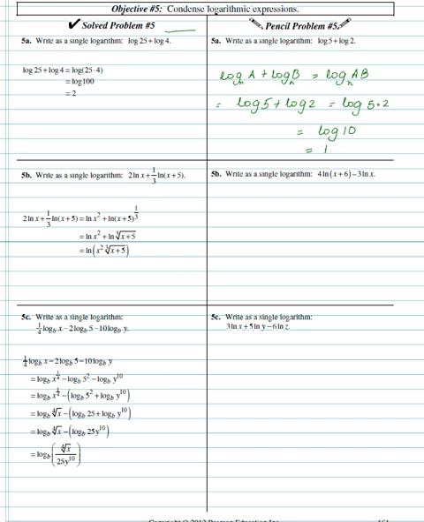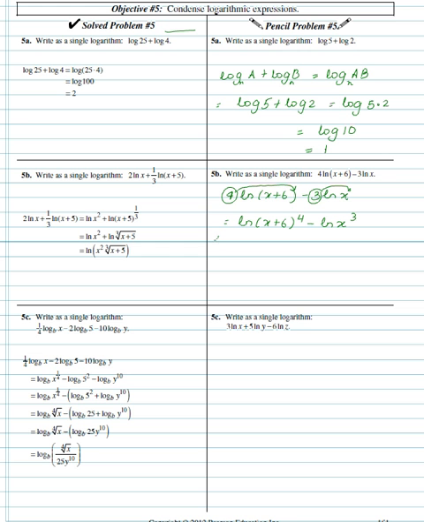Write a single log. So this one is 4 ln x plus 6 minus 3 ln x. You always work with the powers first. You put them back in their place. So this now becomes ln x plus 6 to the power 4, minus ln x cubed.